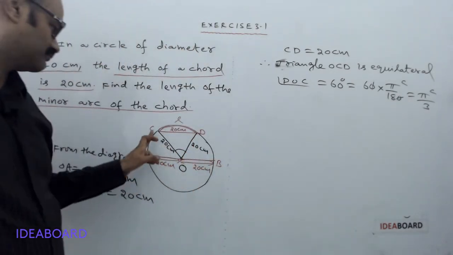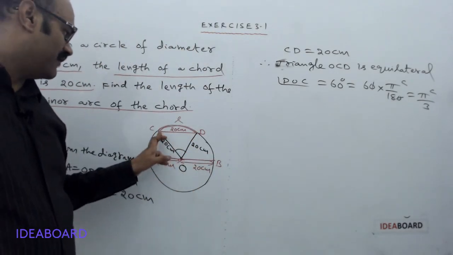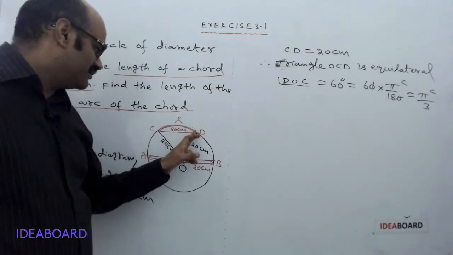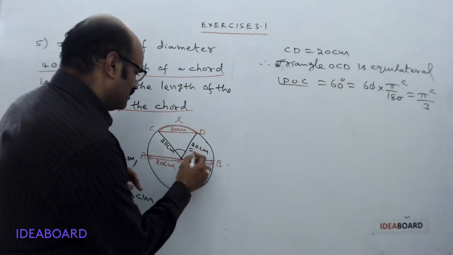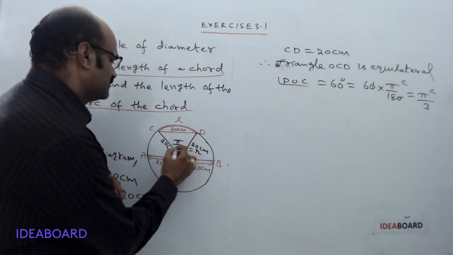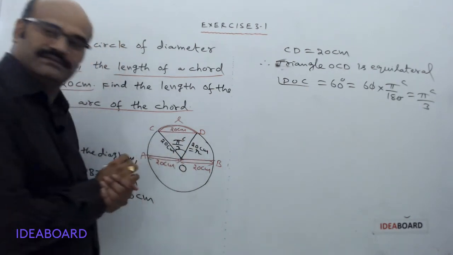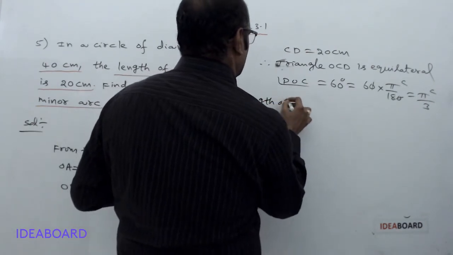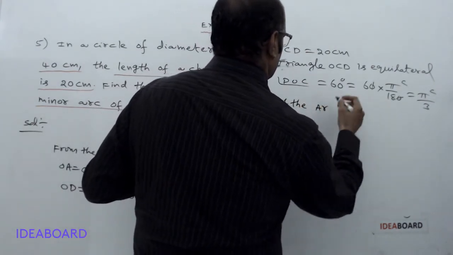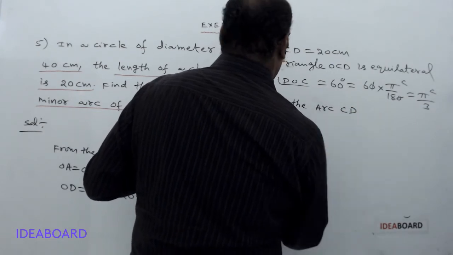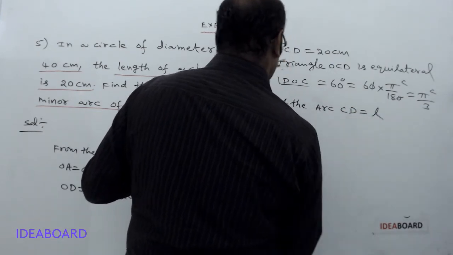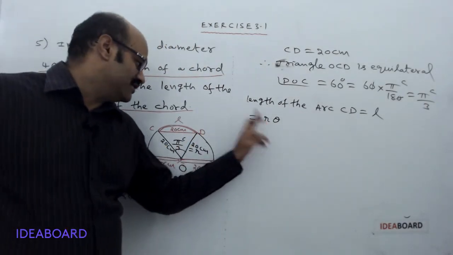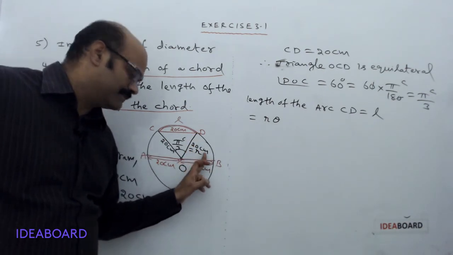Now we should find the length of the arc CD. So length of the arc CD, L, equals the formula R into theta. Here theta is pi by 3 radians. The radius is 20 centimeter.